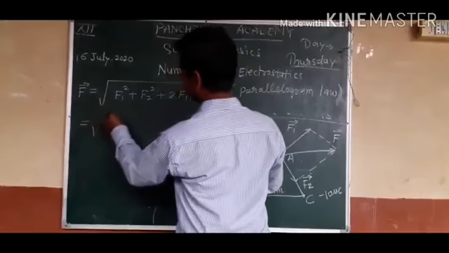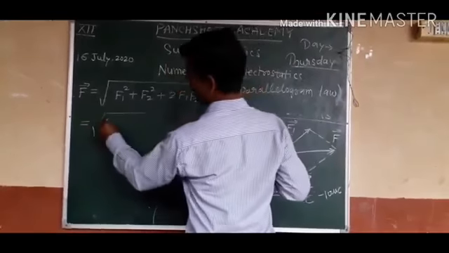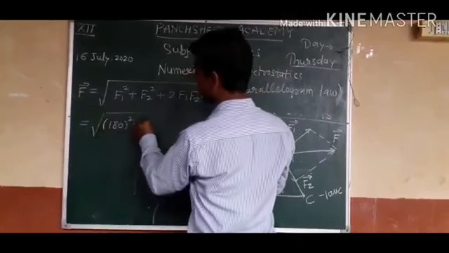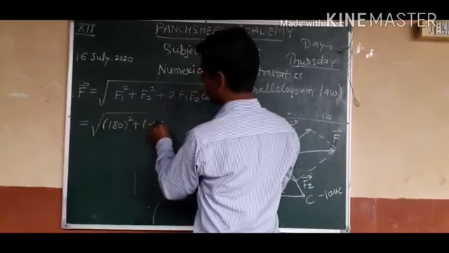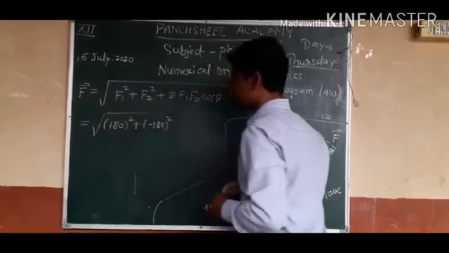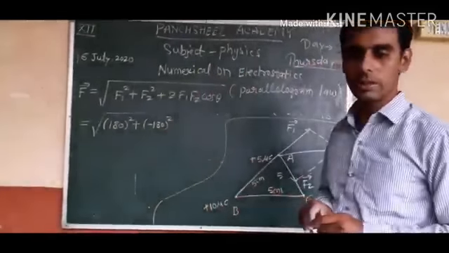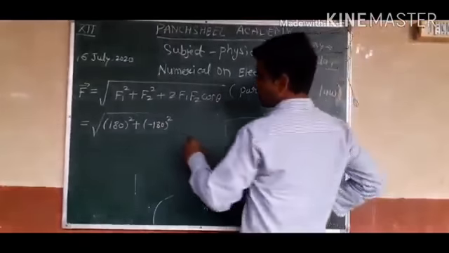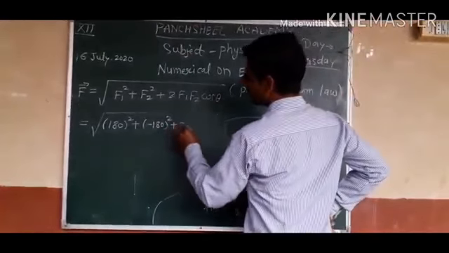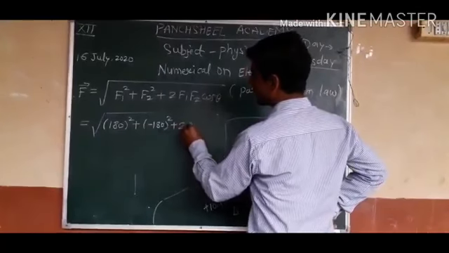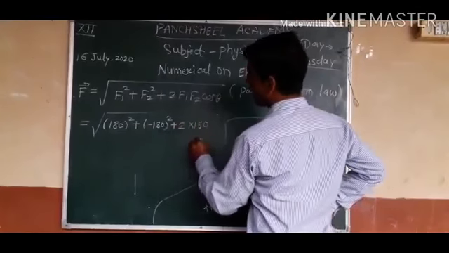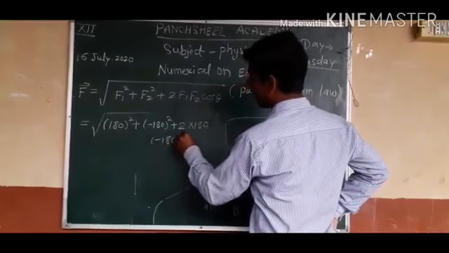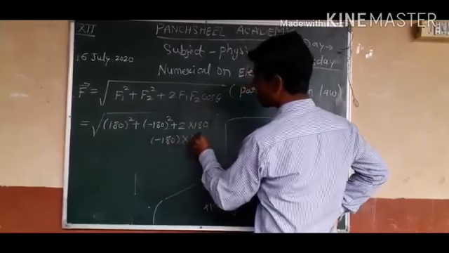If you put here, then (180 Newton) whole square, and also (minus 180) whole square, okay, and 2 F1 F2, 180 and minus 180 and cos theta.